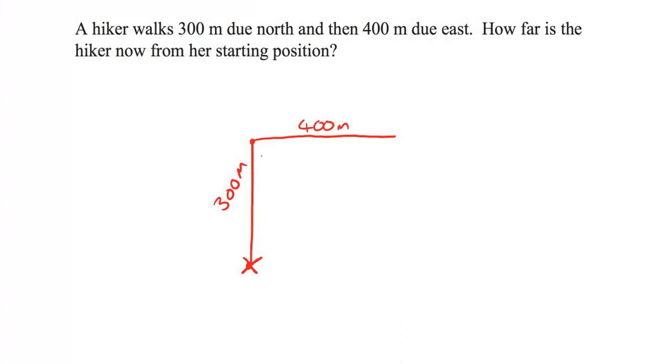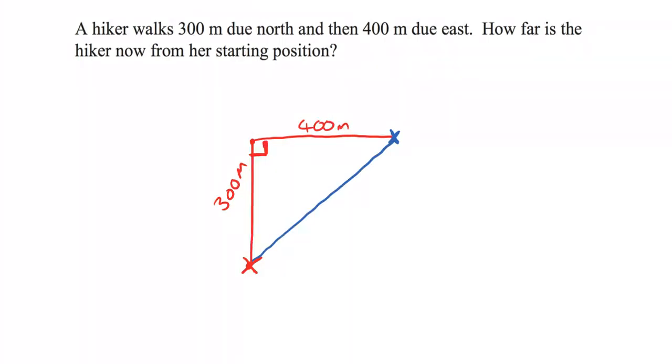And of course, that means if I'm going north then east, I've got a right-angled triangle in there. Now, we're asked to find out how far away it is from that finish position that I've labeled with a blue cross from that start position, which was the red cross. And of course, we're looking to find that length there that I've just written out in blue.